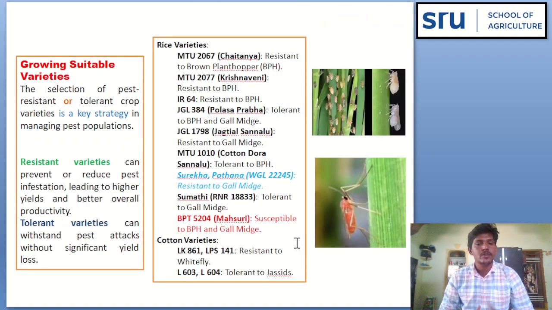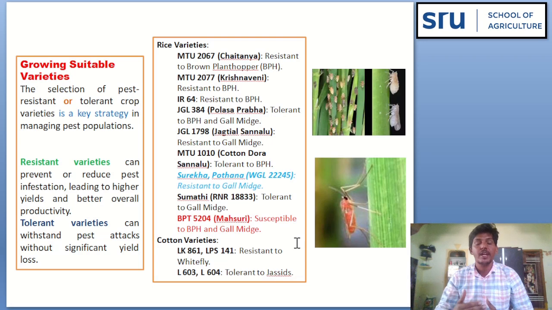Next, growing suitable varieties like resistant and tolerant crop varieties. Growing these varieties is a key strategy in managing pest population. Resistant varieties do not allow infestation of the insect pest.